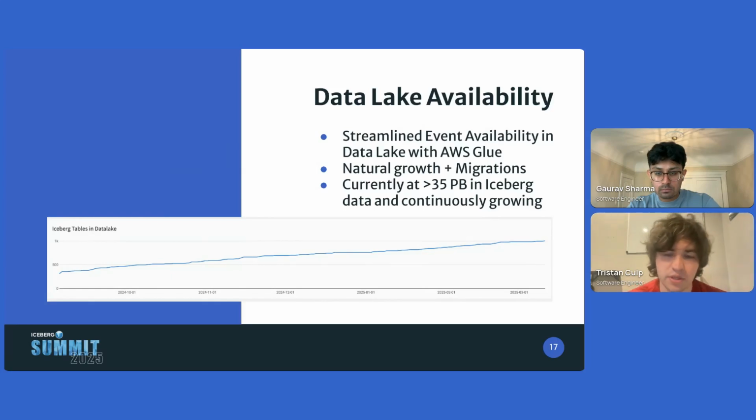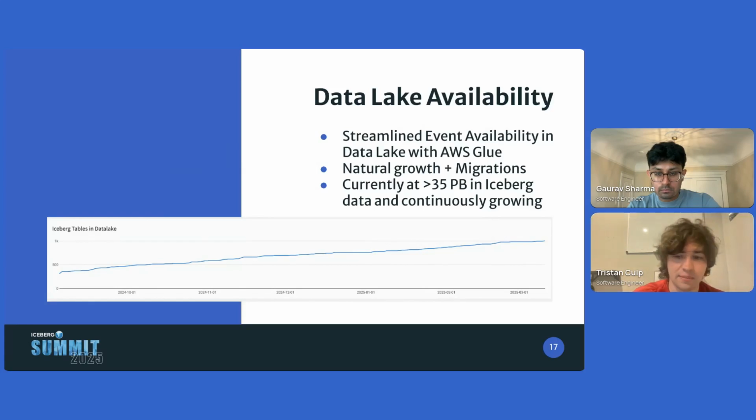When we started with Iceberg, we were able to let natural growth occur, where any new events are created in Iceberg format, and for most of the very high traffic events we can target them first in these migrations to get the biggest cost savings we can.